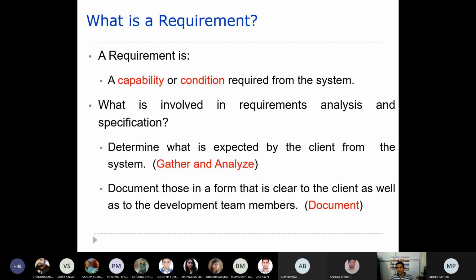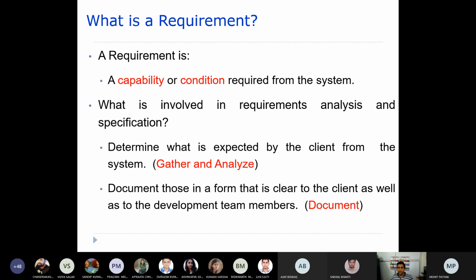What is involved in requirement analysis and specification? Here, we try to determine what the expectations of a client or a user from the system are.